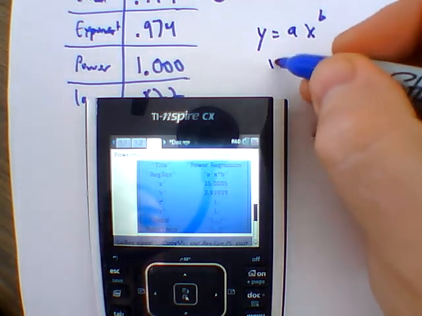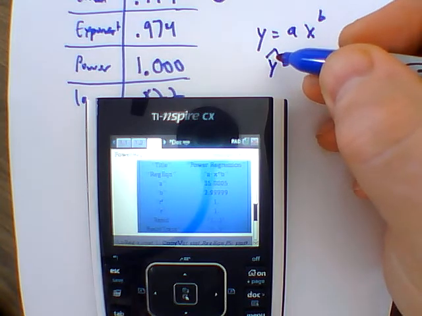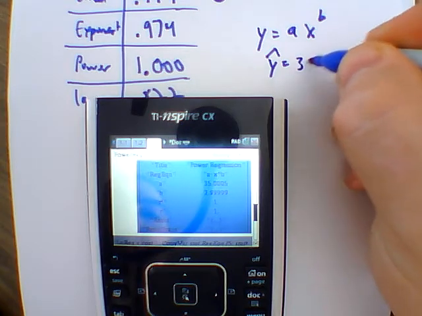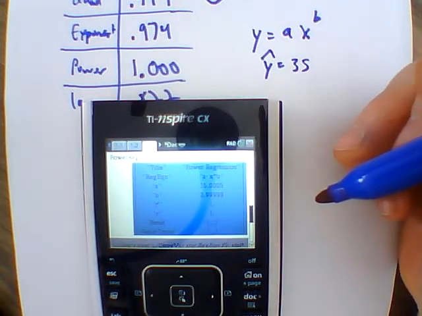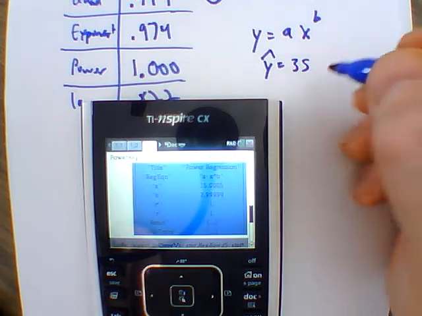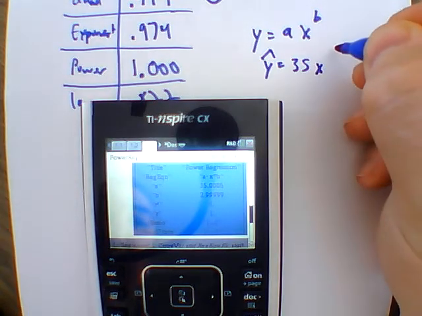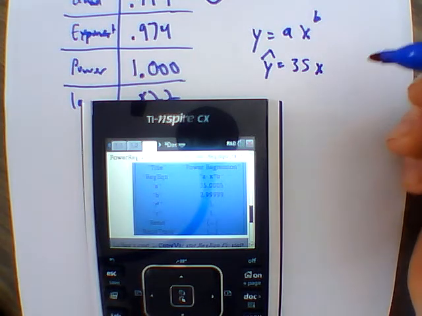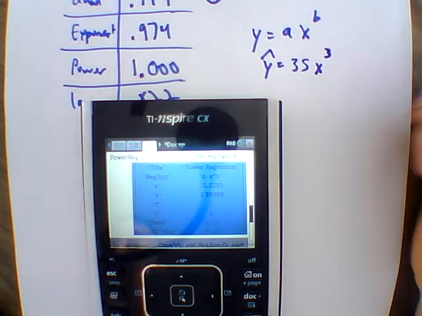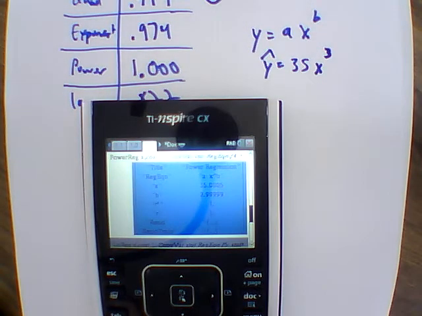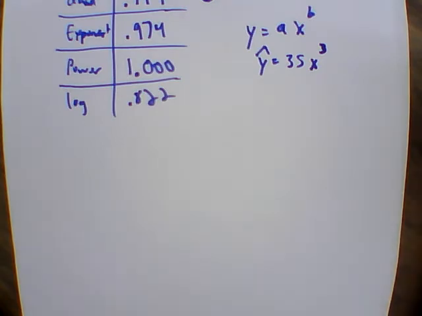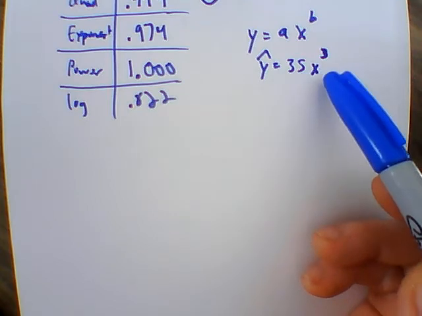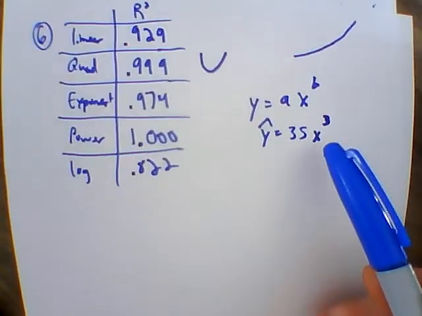And then, let's formalize our y hat equals, we would have a, which is 35.0005, so 35, and then x to the b power, which is 2.999999, so 3. So we see that this is probably the most simplified equation on here. It would be a section of a cubic function. Once again, 35x cubed would be our equation that follows.